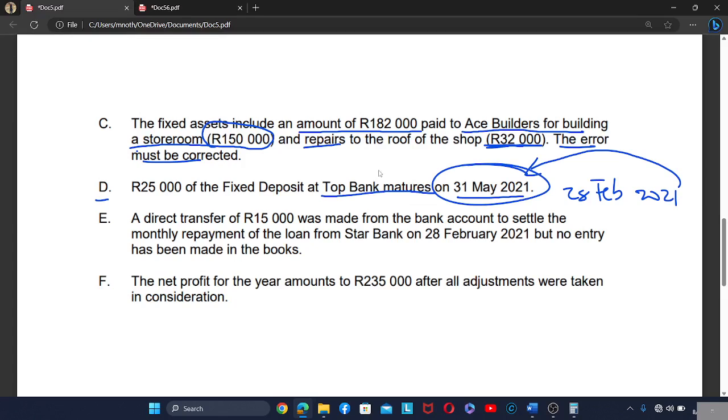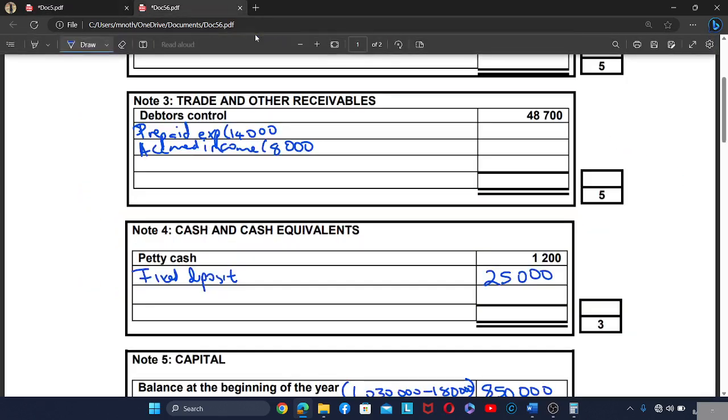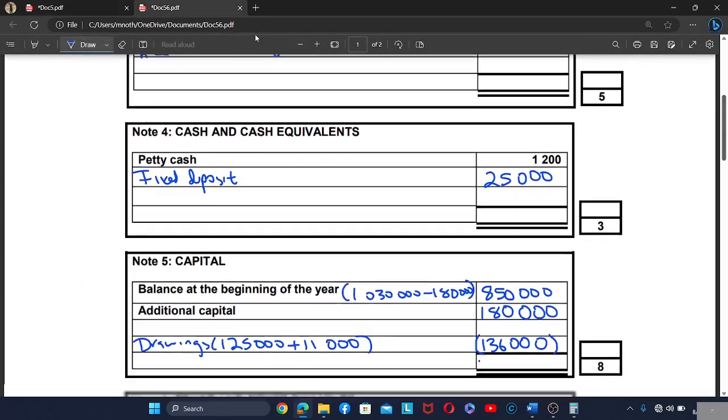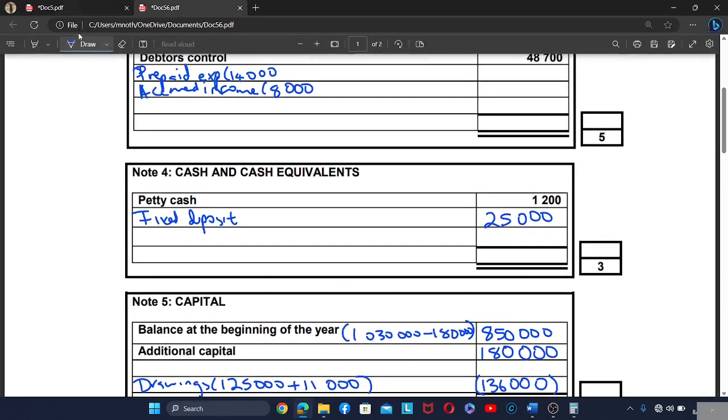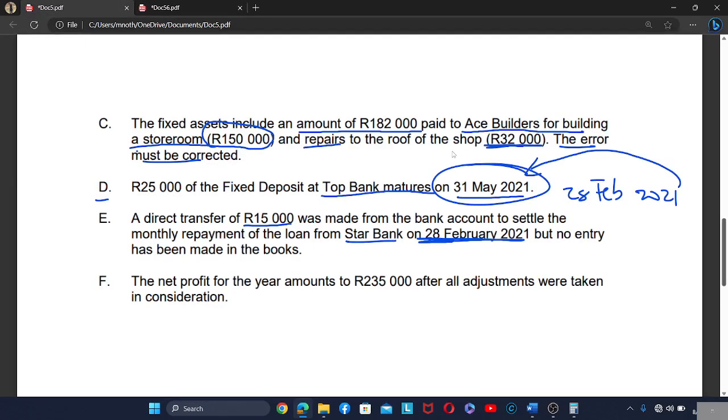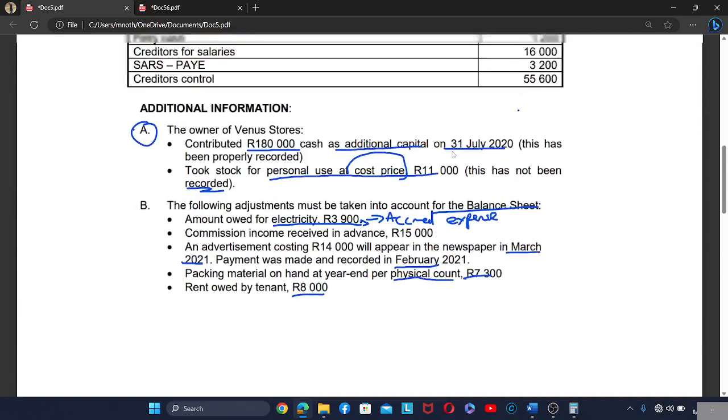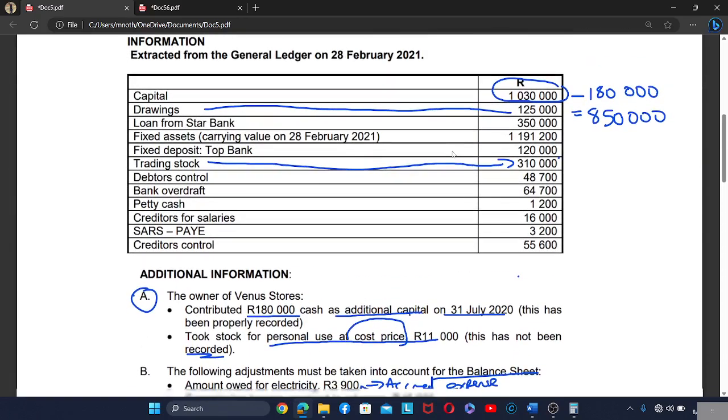And then they're saying a direct payment of 15,000 was made from the bank account to settle the monthly repayment of the loan from the Star Bank on 28 February. So the business made the payment on 28 February, but no entry has been made. Now, when the business is making a payment, the bank is supposed to decrease, right?